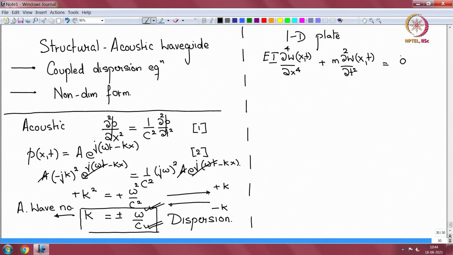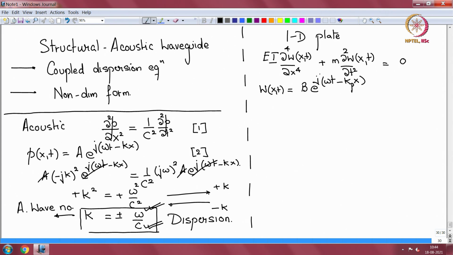This is also a wave bearing system. So, let us say the W of x comma t is given by B e to the power j omega t minus Kp x.